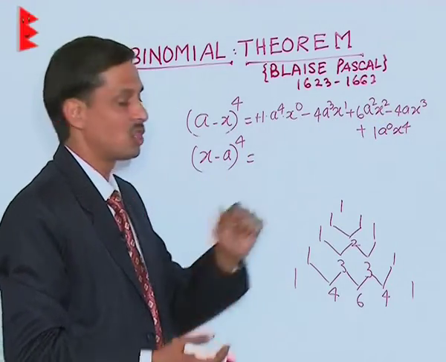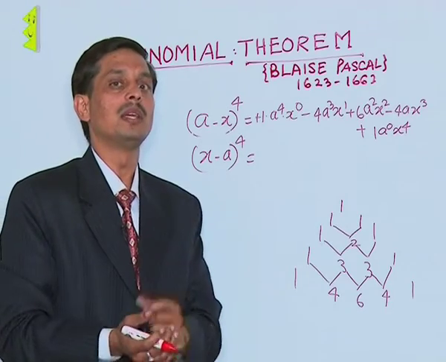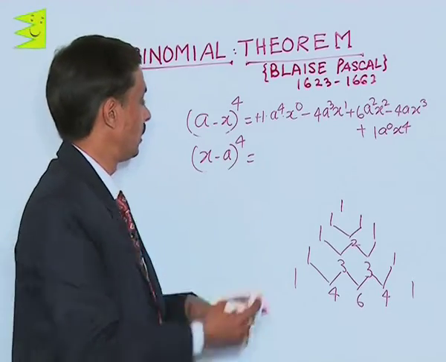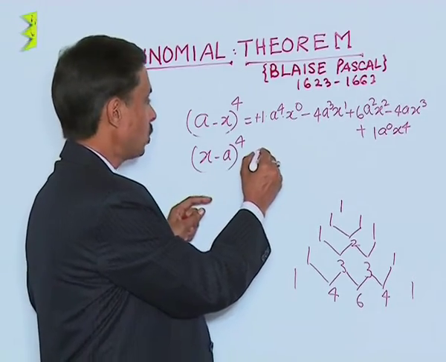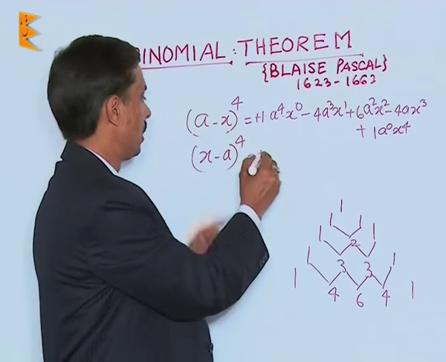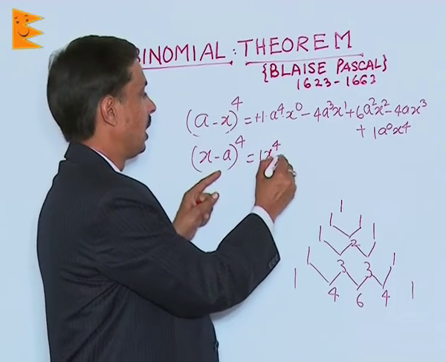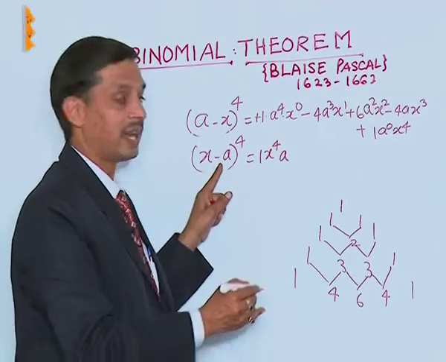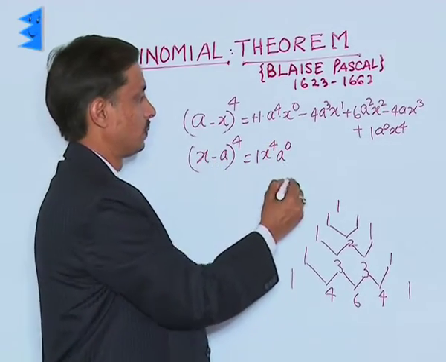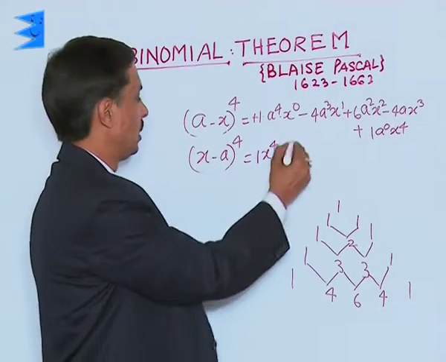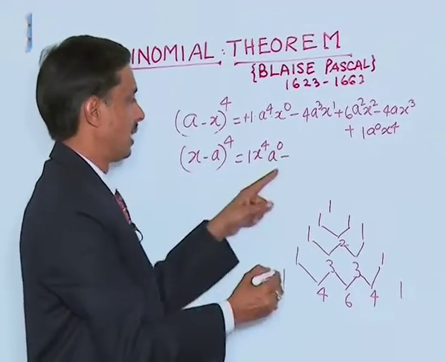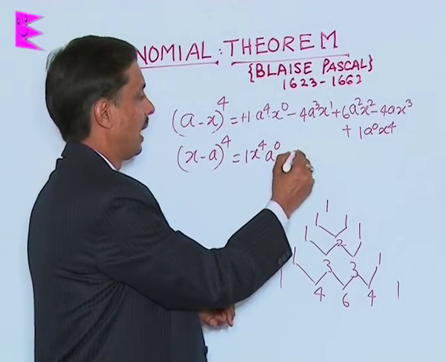Here it is x minus a to the power 4. So we will take the increasing powers of a. That will be what? 1, the coefficient, powers of x highest here in the first term as a is negative, so least power 0. Now what is to be taken? The next is 4, that is to be negative, and becomes x one less.